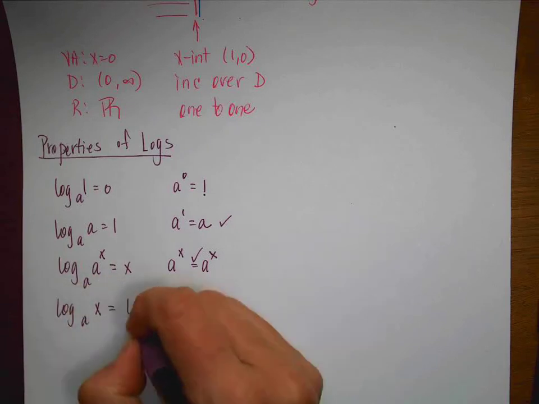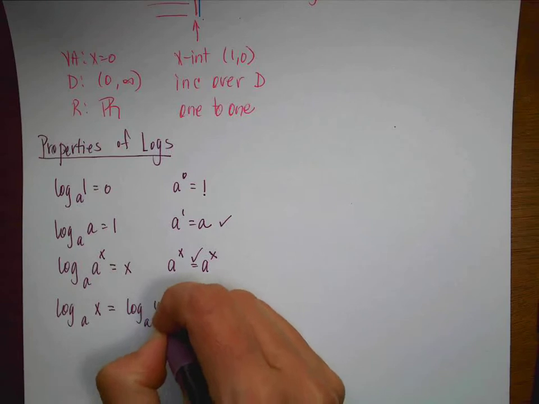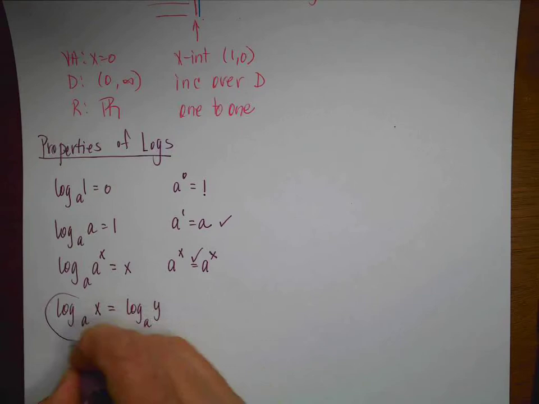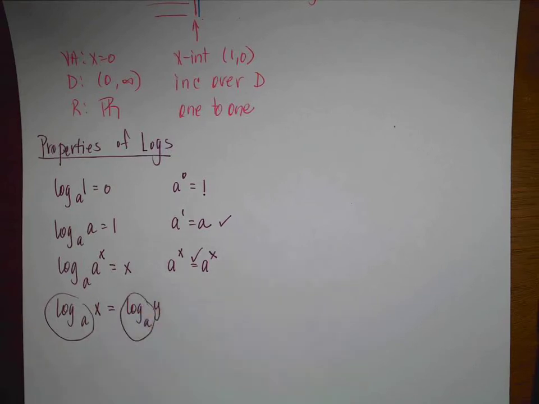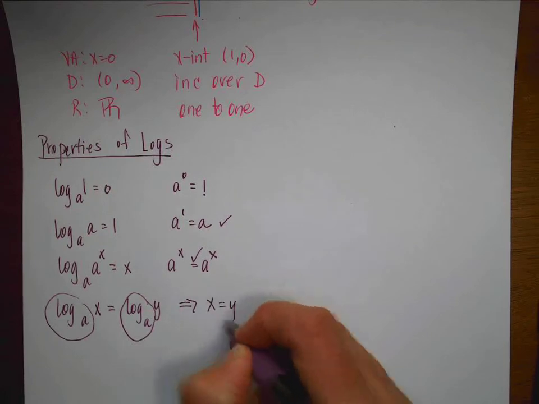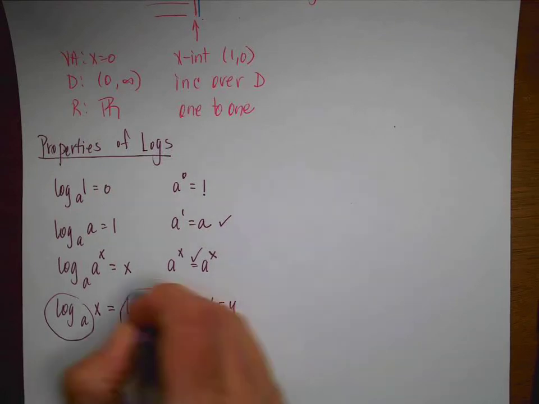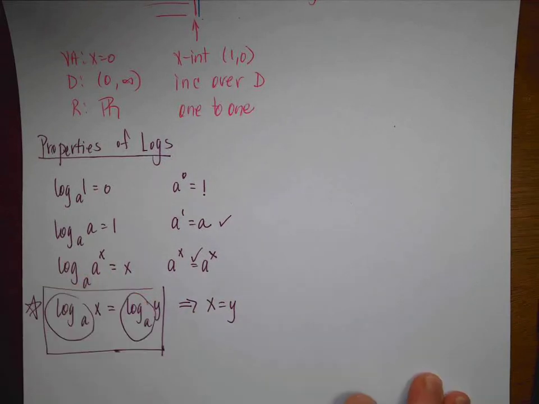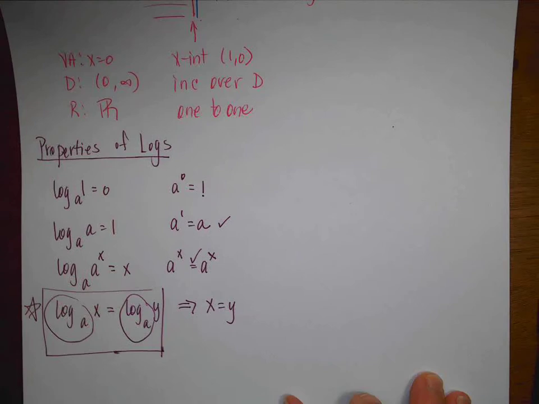And if the log base a of x is equal to the log base a of y, then because of the one-to-one property, notice that this is the same and this is the same, if the logs are the same on both sides of the equation, the logs disappear, and this says x is equal to y. This is absolutely one of the most powerful things with logarithms. It's hugely helpful in calculus.